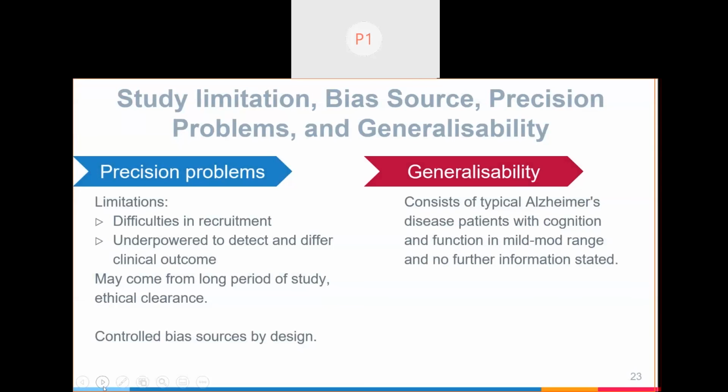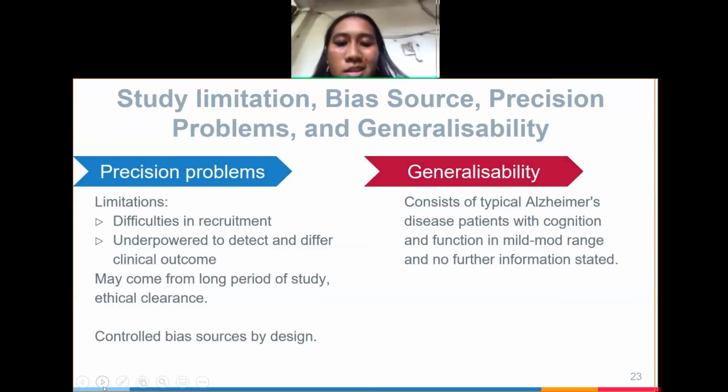Okay, next I will explain about study limitation, bias source, and precision problem. First one, the study limitation: the study was discontinued due to difficulties in recruitment of the subjects and keeping the study product stable, so it was underpowered to detect differences in clinical outcomes.